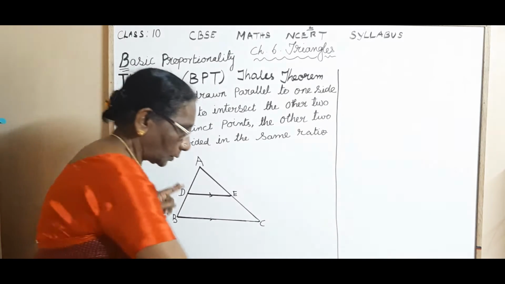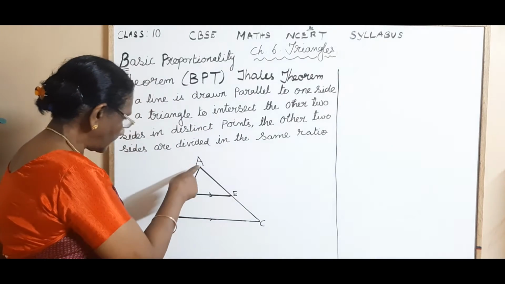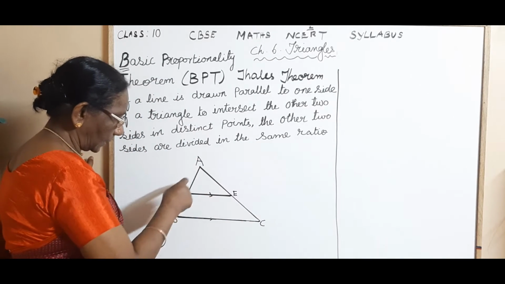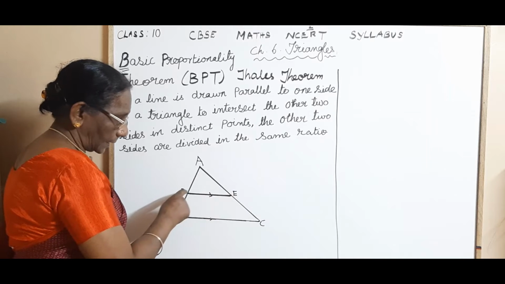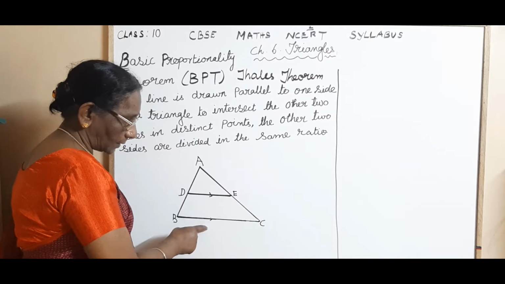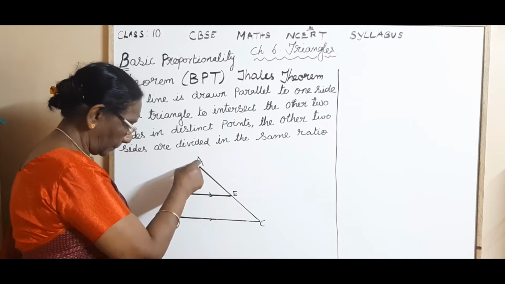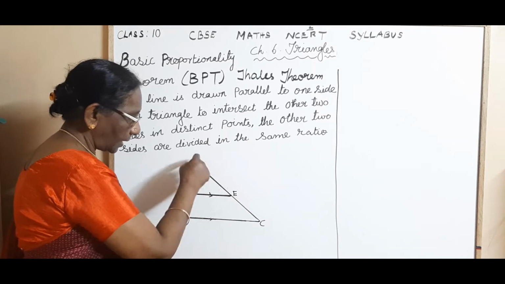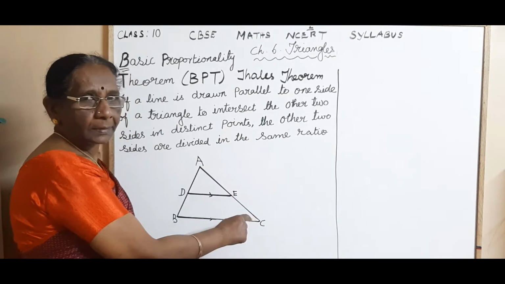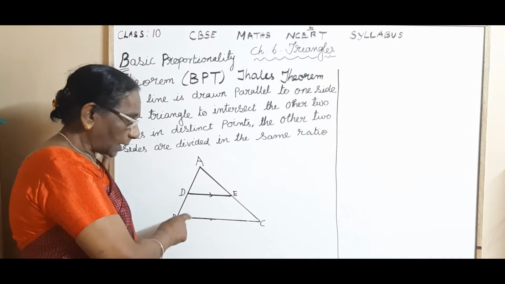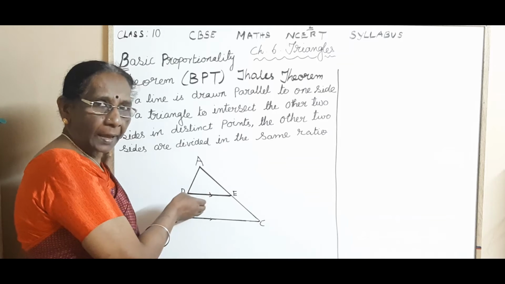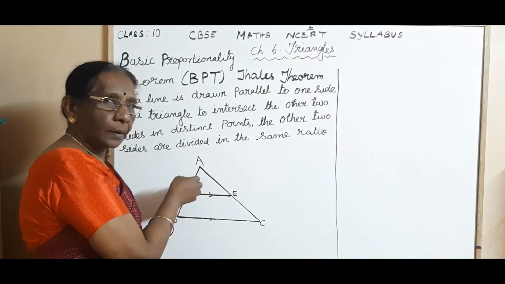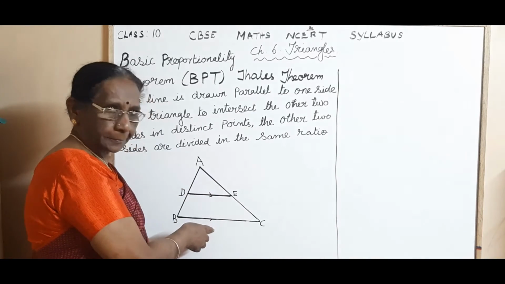Here ABC is the triangle and we have drawn the line DE parallel to one side. There are three sides in this triangle: AB, BC, AC. We have selected the base BC and we have drawn the line DE parallel to BC.